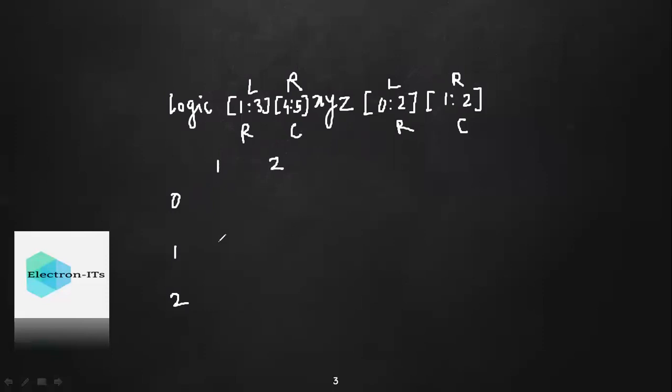It is not possible to write everything here. So you just have to follow the same sequence as mentioned in the previous examples, and the logic should be starting from left, then right, same way left right. But while writing the left right, you have to follow the sequence. The rows correspond to the left side and columns to the right side, right? So this is how we can represent multidimensional arrays.